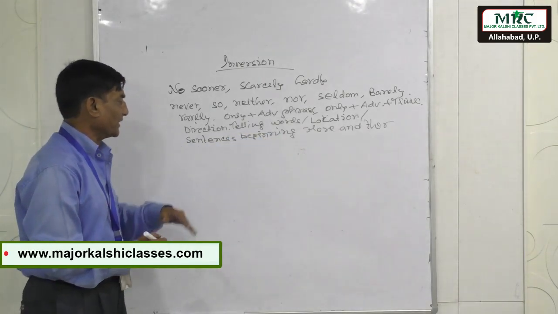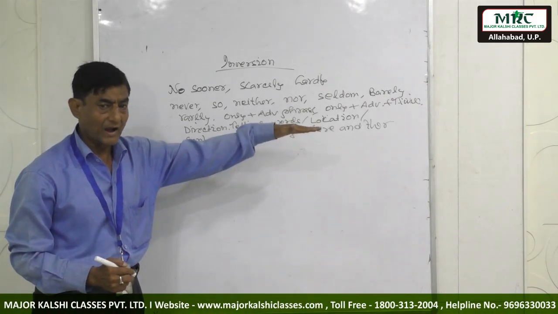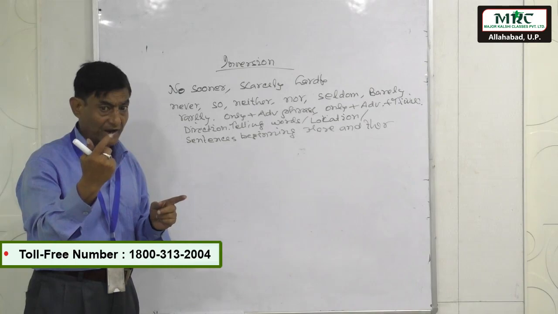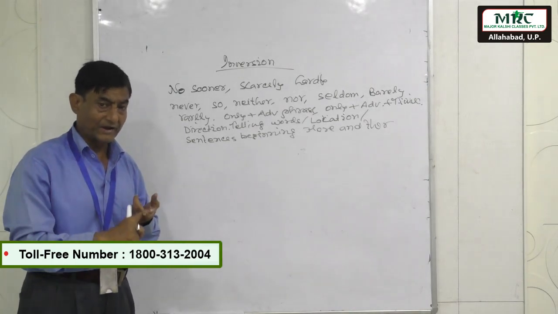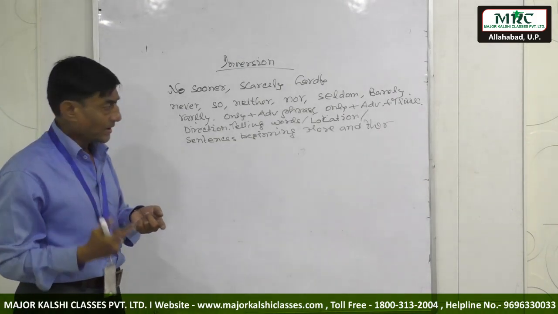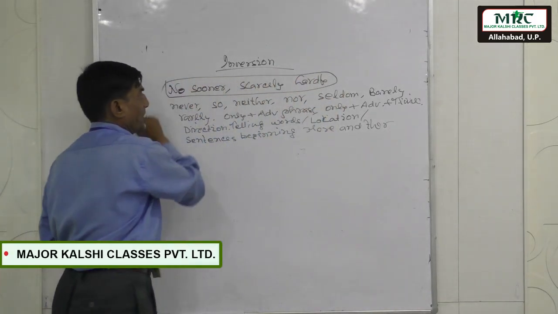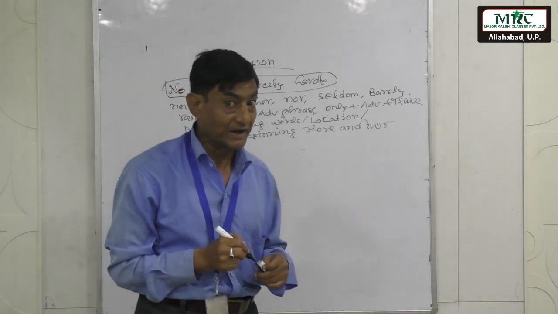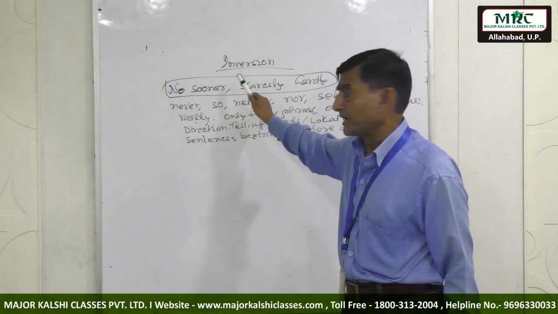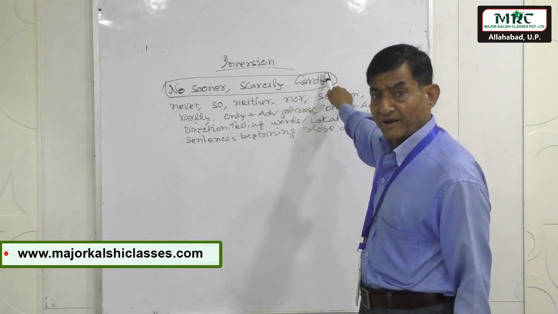One such example is, no sooner did we come home than we saw a snake. Here we use did and thereafter we use the subject. In normal cases, we first use the subject, then the verb. One more important thing, these three words are particularly important because they hide one other secret. No sooner always takes than as a conjunction, and scarcely and hardly always take when as a conjunction.